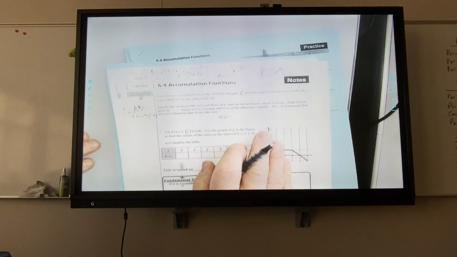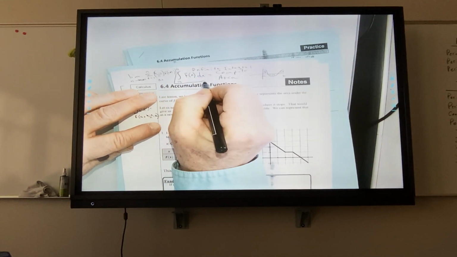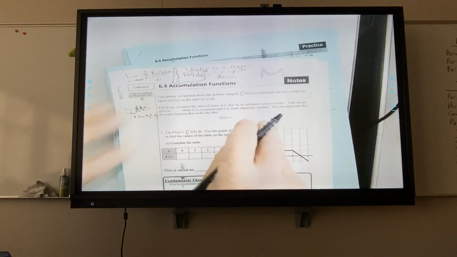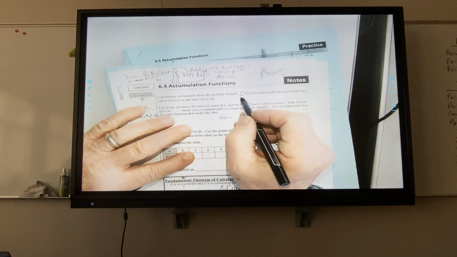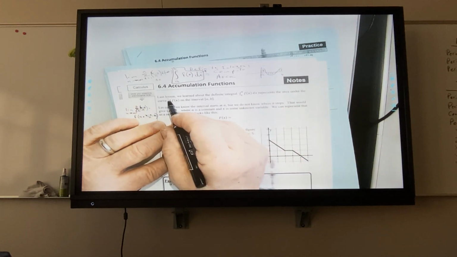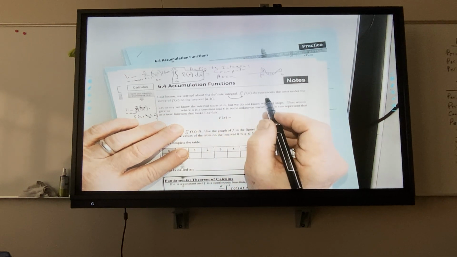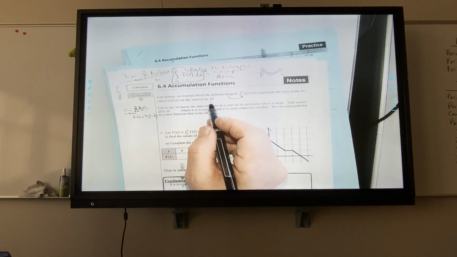What's the definite integral? This thing right here. And so if you notice, it's written right here. It says, last lesson we learned about the definite integral, which is this, represents the area under the curve on the interval from A to B.